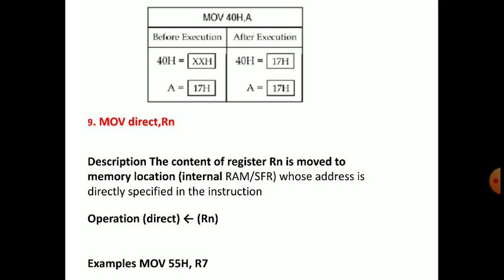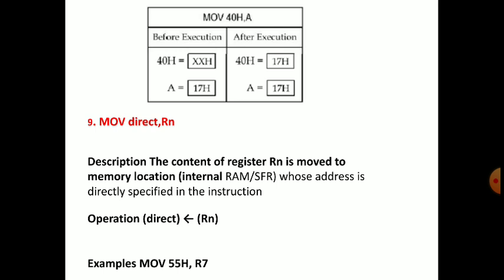The contents of Rn registers are copied onto the direct address, where the address is mentioned, and the data remains in the Rn register mentioned in the instruction. That is, it just copies, it does not cut. The data will remain in both places. That is the main function of this data transfer group of instructions, which we have already discussed in the previous video lesson.